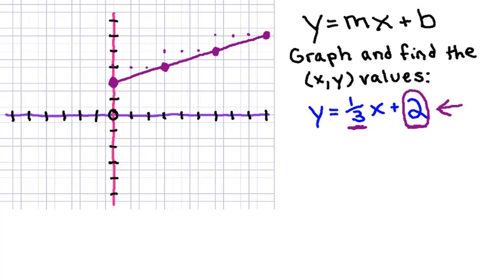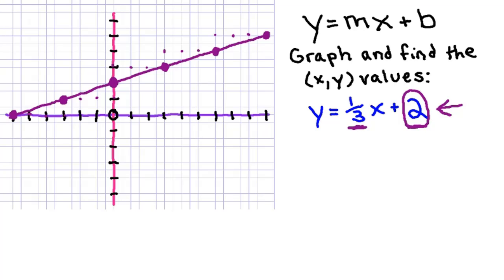And on the other side, we can go down 1, backwards 3. Down 1, 1, 2, 3. And then down 1, backwards 3 again. So there is our straight line.